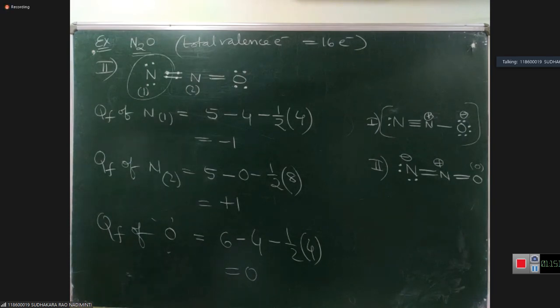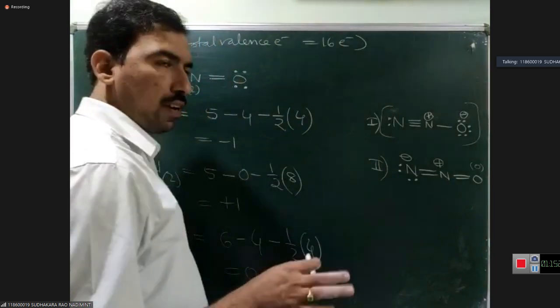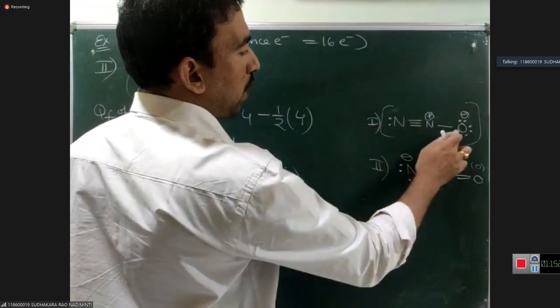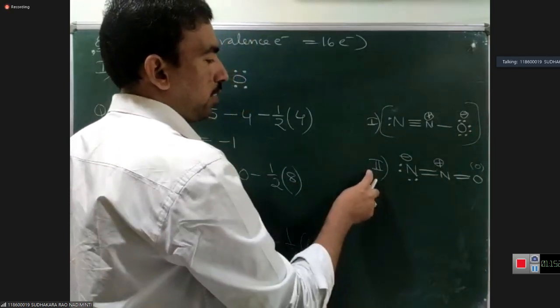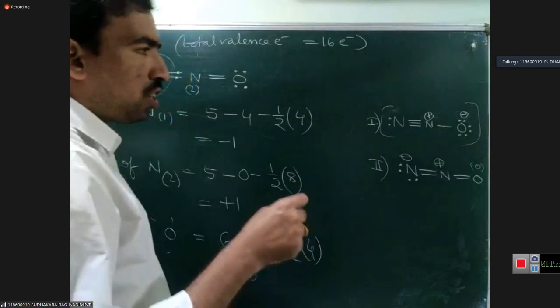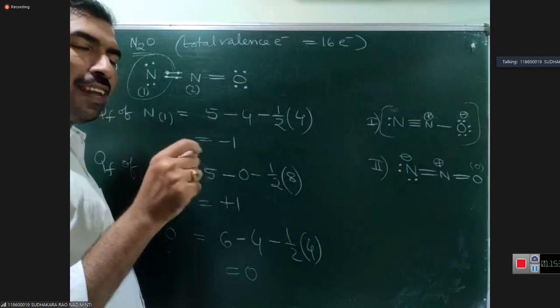So you see, in this structure the plus charge's position makes no difference. Only the negative charge differs. In the first structure, the negative charge is on oxygen. In the second structure, the negative charge is on nitrogen. So a negative charge on a more electronegative atom gives more stability than on a less electronegative atom.